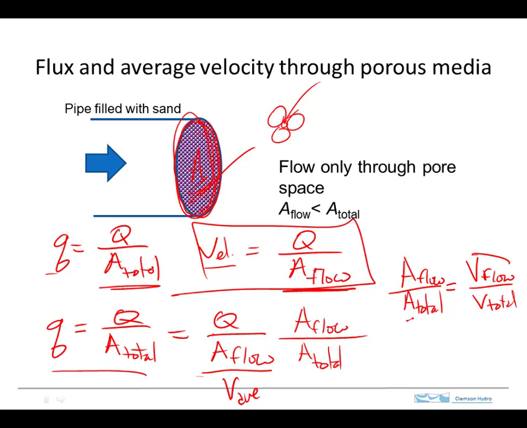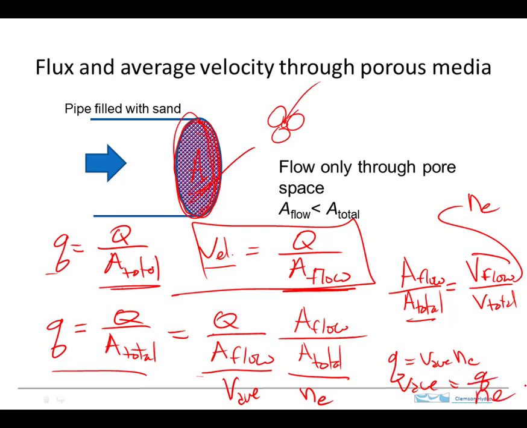And if that equals this, then we can say this is equal to the effective porosity. And we get then the flux equals the average velocity times the effective porosity, or the average velocity equals the flux divided by effective porosity.